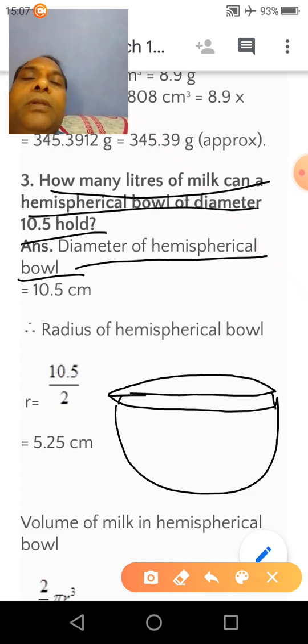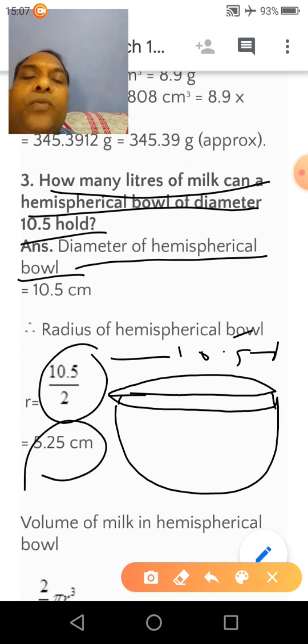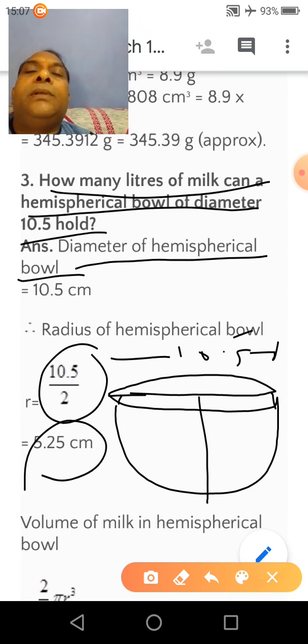Its diameter is given 10.5. So radius will be 10.5 upon 2, 5.25. Clear? You have to find how many liters of milk can a hemispherical bowl of diameter 10.5 centimeter hold.